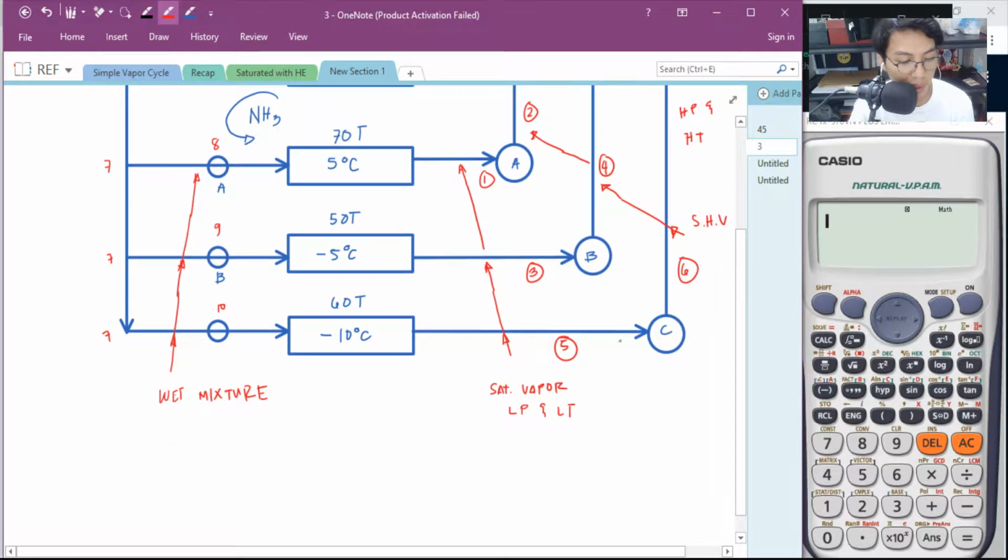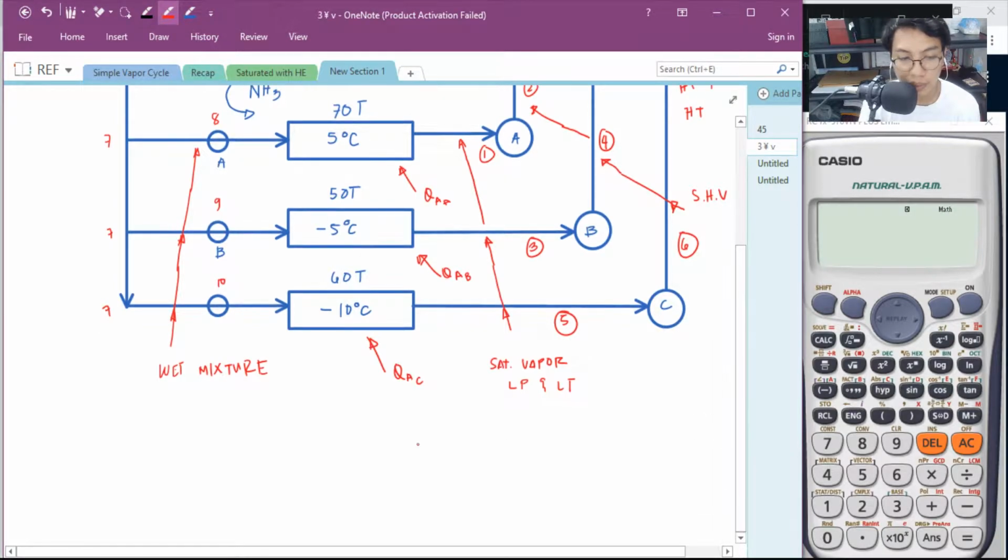Now, in here, this is QA at point A. Ito naman yung QA at point B. This is now the QA at point C. Now, the total heat that is absorbed by your refrigerant is QA A plus QA B plus QA C.